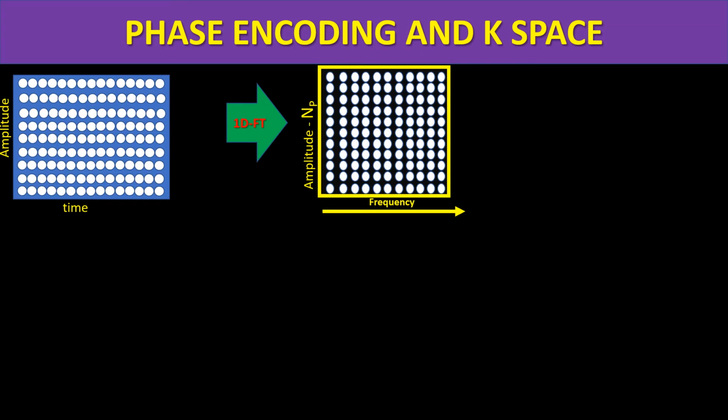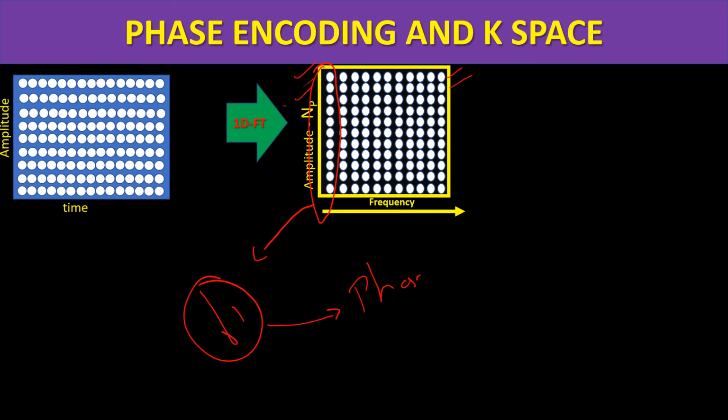Now I do a Fourier transformation in this direction. I know that these are the amplitudes contributed by one frequency by applying different phase gradients. This is one phase gradient, this is the second phase gradient, the third phase gradient. From right to left are the multiple phase gradient steps used to measure these.